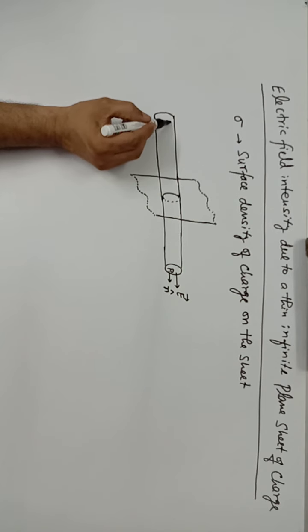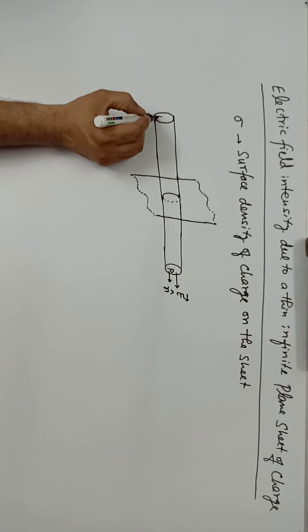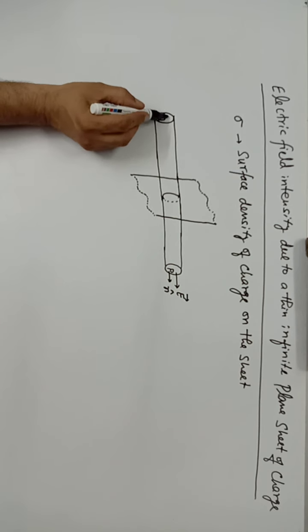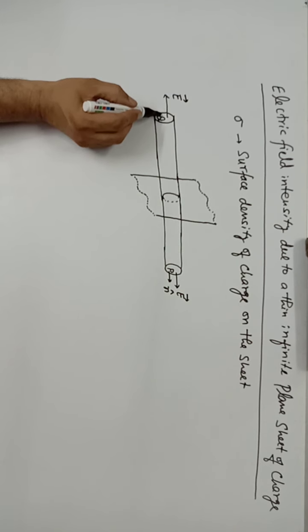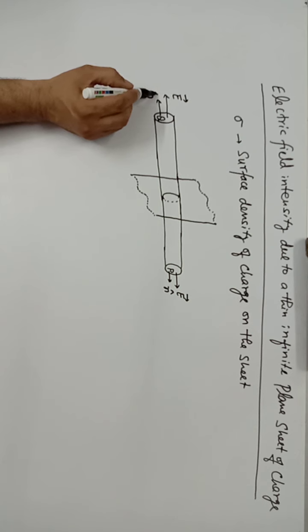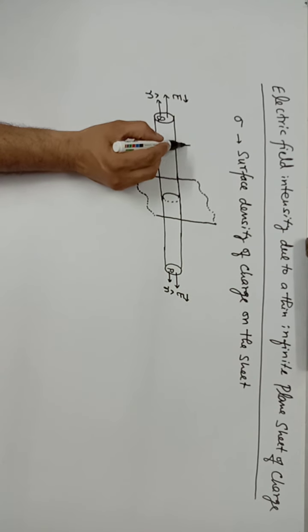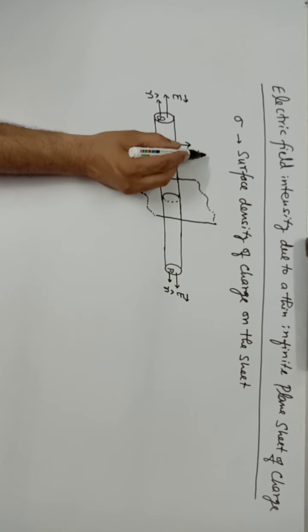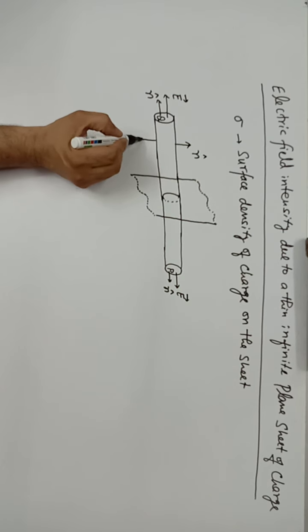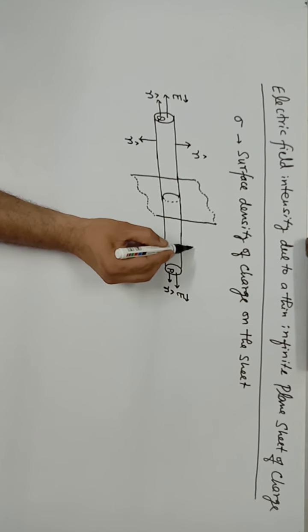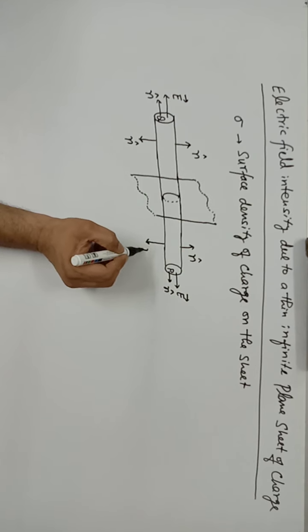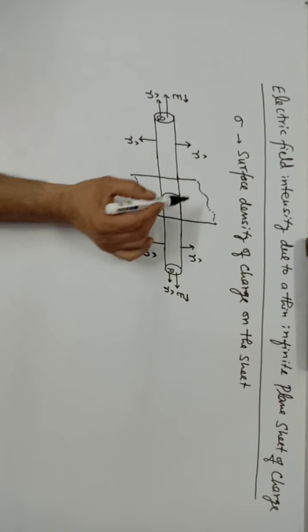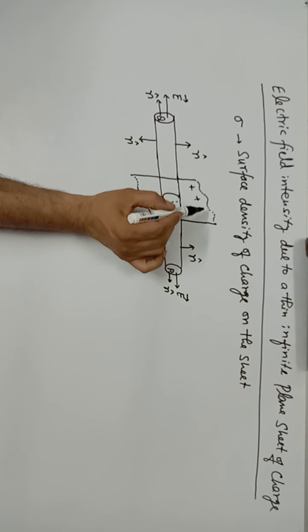This is another point Q. The electric field to this surface is E and the normal to this is n, perpendicular to the surface. The sheet carries positive charge.